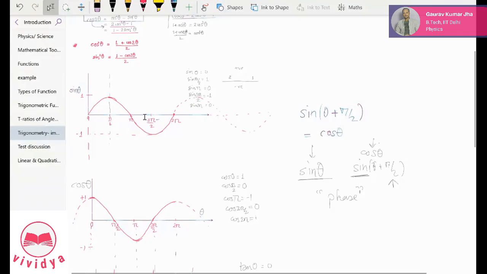This is the trigonometric function. I wish you will all remember how sine theta, cos theta, and tan theta look, from 0 to 2 pi. Can you draw it on your own? Just try to draw on your own. That's the only thing I was trying to emphasize.